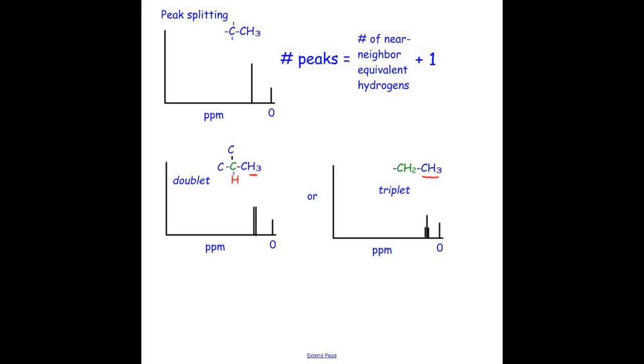If I have a CH3 that's next to a carbon with 2 hydrogens, it's split into 3 peaks. If I have a CH2 between two CH3s, or CH2 and a CH3, then it could be split into even more peaks.